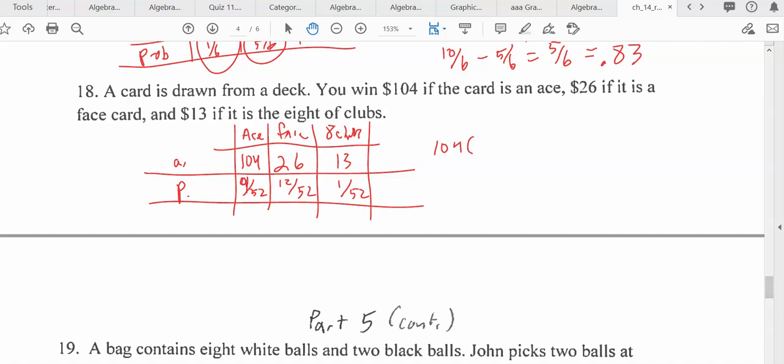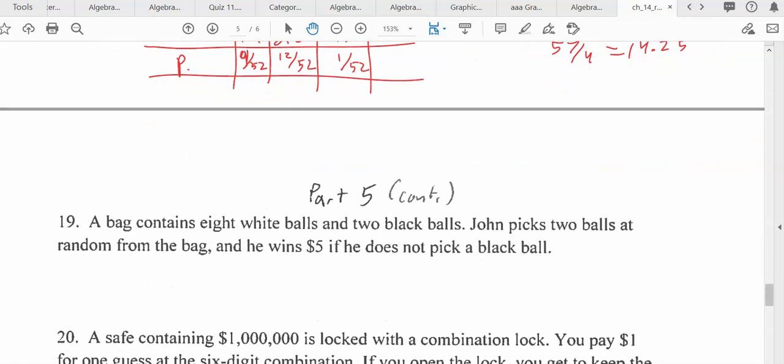So 4 out of 52. Then you multiply it out: 104 times 4 over 52, plus 26 times 12 over 52, plus 13 times 1 over 52. You type that in your calculator and you get 57 over 4, which is 14.25. On average, you're going to get $14.25 a round.